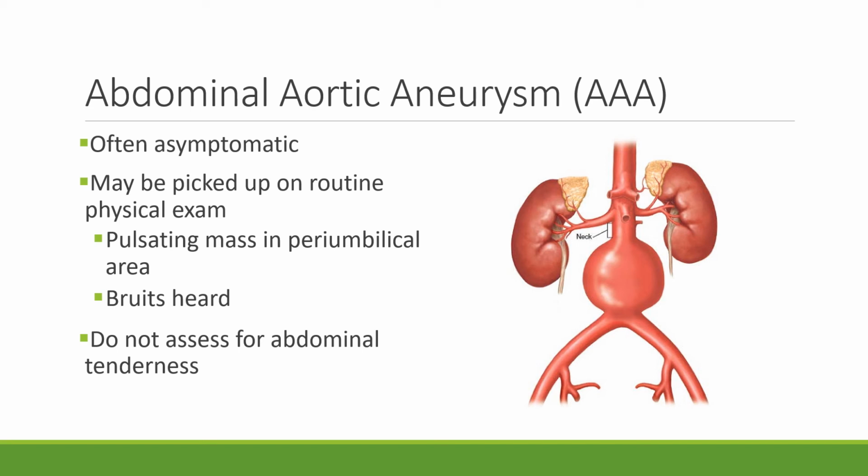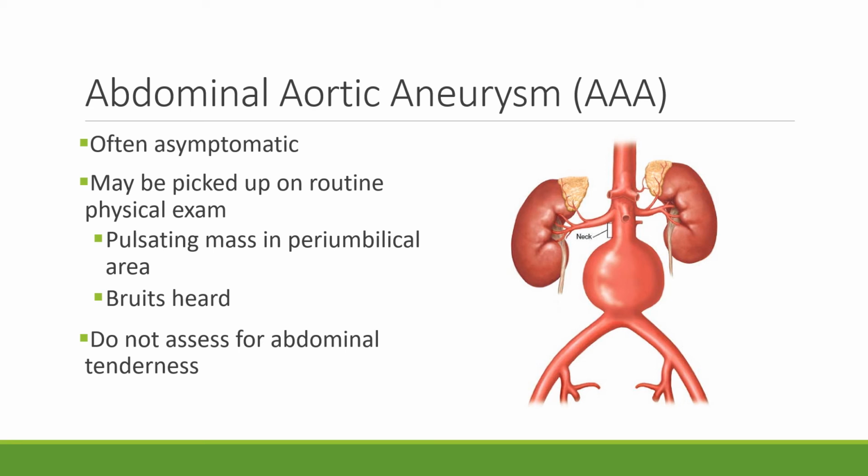Abdominal aortic aneurysms, referred to as triple A's, again are often asymptomatic. They too are often found during a routine physical examination or evaluation for an unrelated problem, such as an abdominal X-ray or CAT scan.